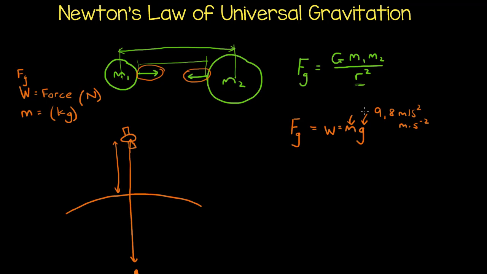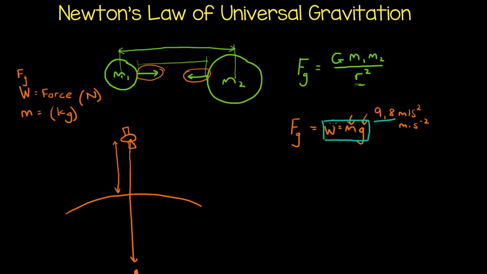But what is weight? Weight is basically another word for the force of gravity, because that's measured in newtons, and that's how much the Earth pulls us down when we're on the surface of the Earth. Now notice that 9.8 over there, that we can only use that when we are on the surface of the Earth. That's really, really important.